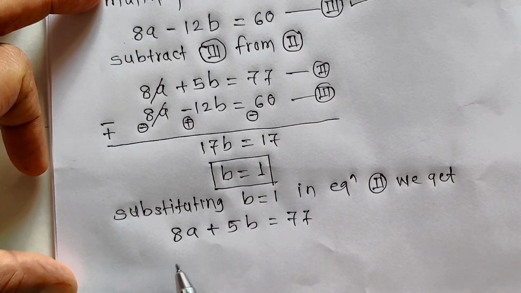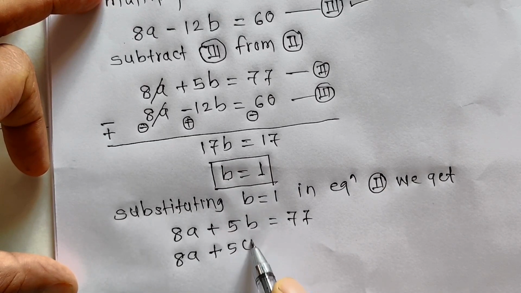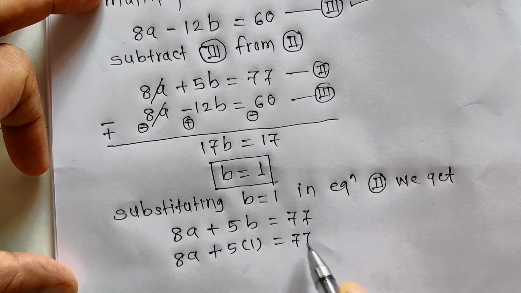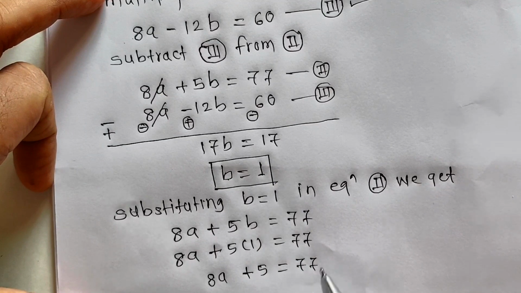Now substitute b is equal to 1, 8a plus 5 into 1 is equal to 77. So we get 8a plus 5 is equal to 77.